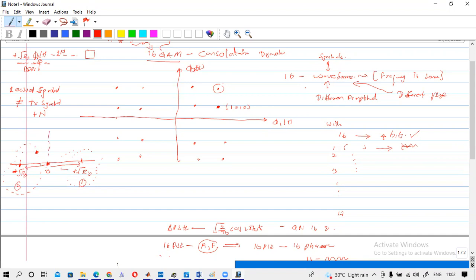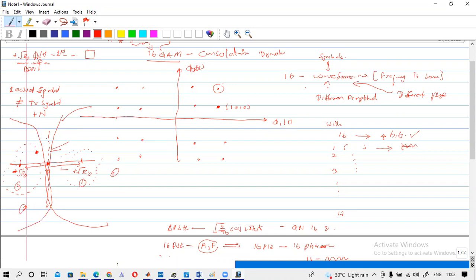So if you take this as your decision boundary, if the received point is in this area, you can say it is symbol 1. If the received symbol is in this area, you can say it is symbol 2.